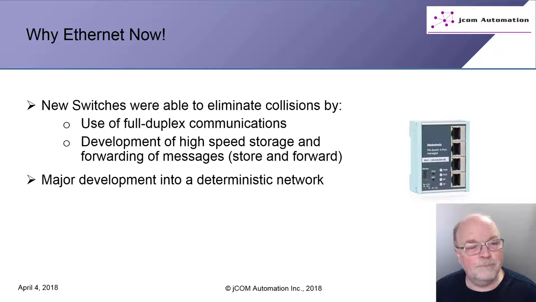And now we can. So these new smart switches, they're really the center of industrial Ethernet, ones that can eliminate collisions and repeats. And that was really the major development into deterministic network.